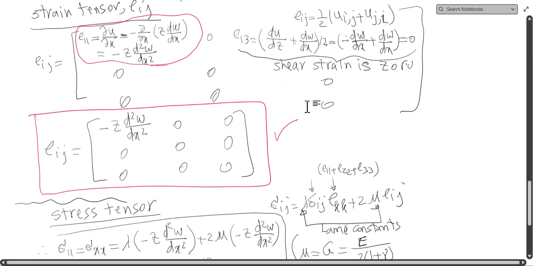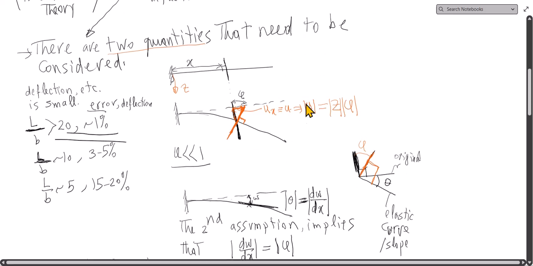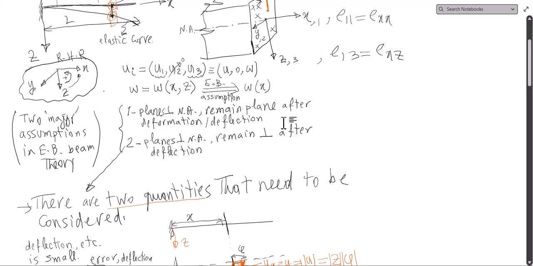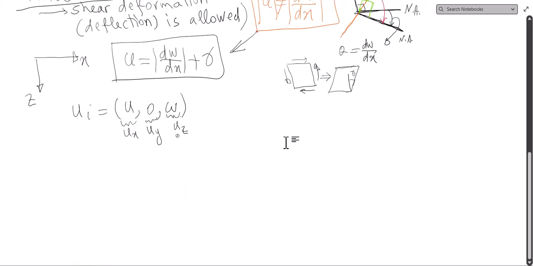If you recall, in Euler-Bernoulli we had two assumptions. Planes normal to the neutral axis remain plane. This is also the assumption that we continue to keep for Timoshenko, but we relax the other one. We do not force planes normal to the neutral axis to remain normal. It might be at some locations, but not necessarily in Timoshenko.